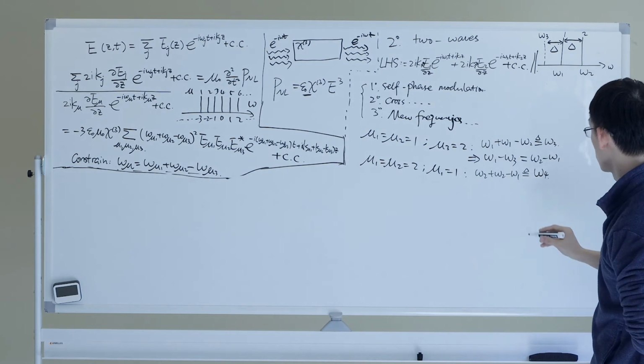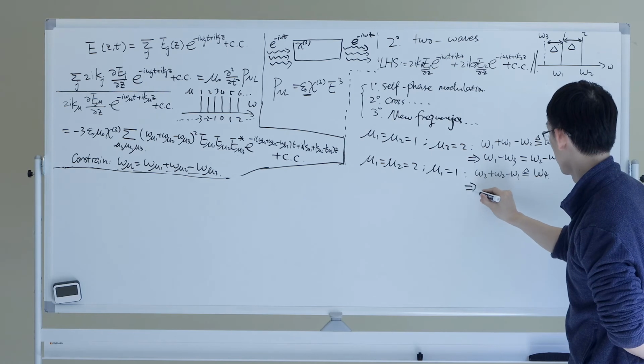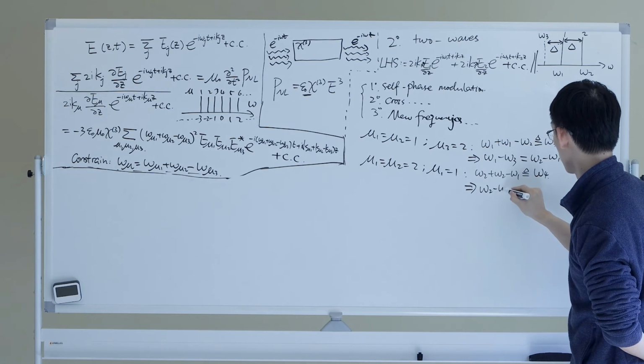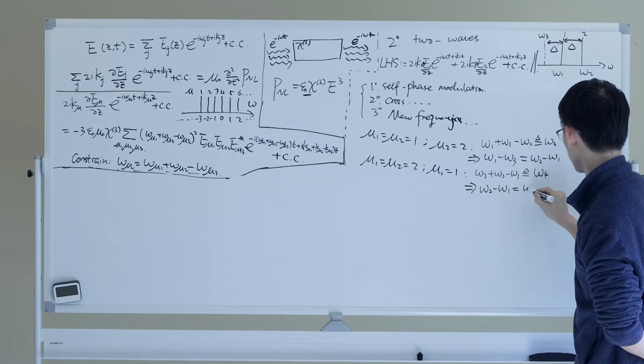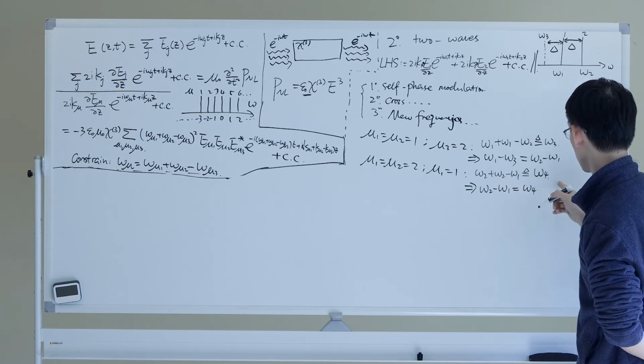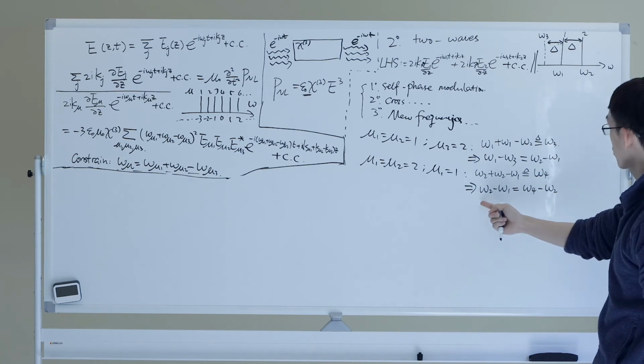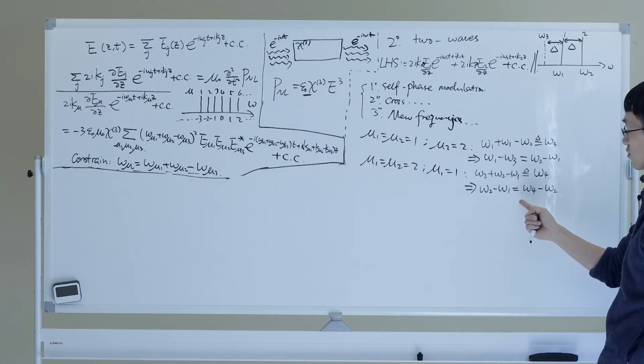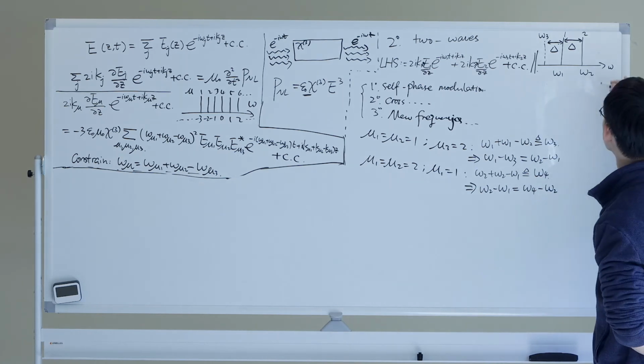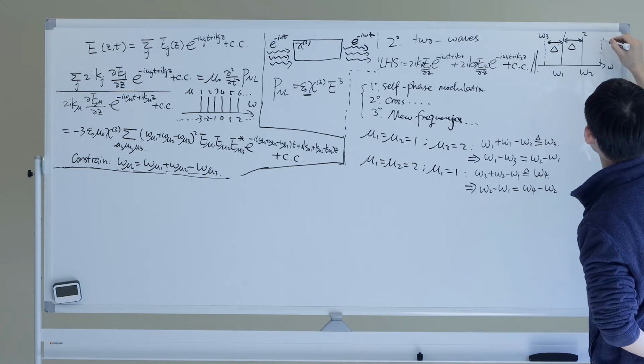Then you can see that omega 2 minus omega 1 equals omega 4 minus omega 2, moving another omega 2 to the right hand side. So the frequency difference between 2 and 1 is the same as the frequency difference between 4 and 2.